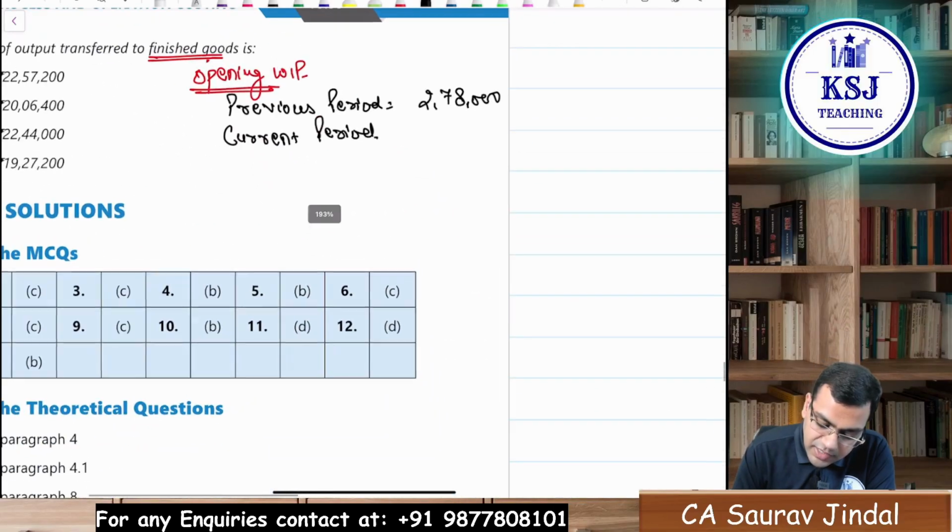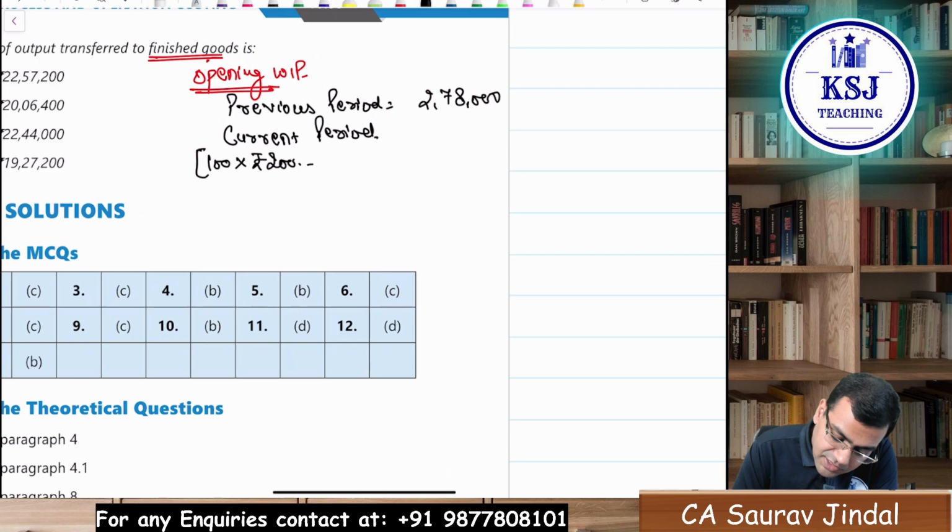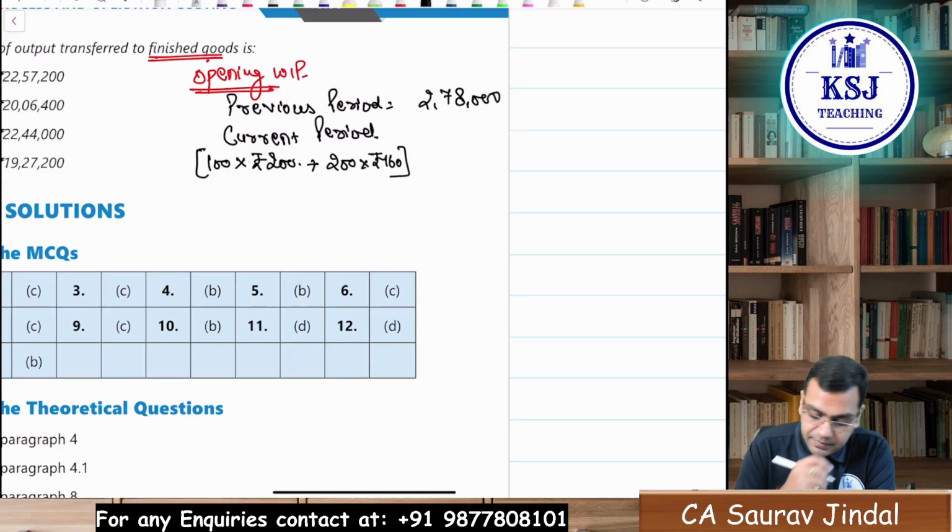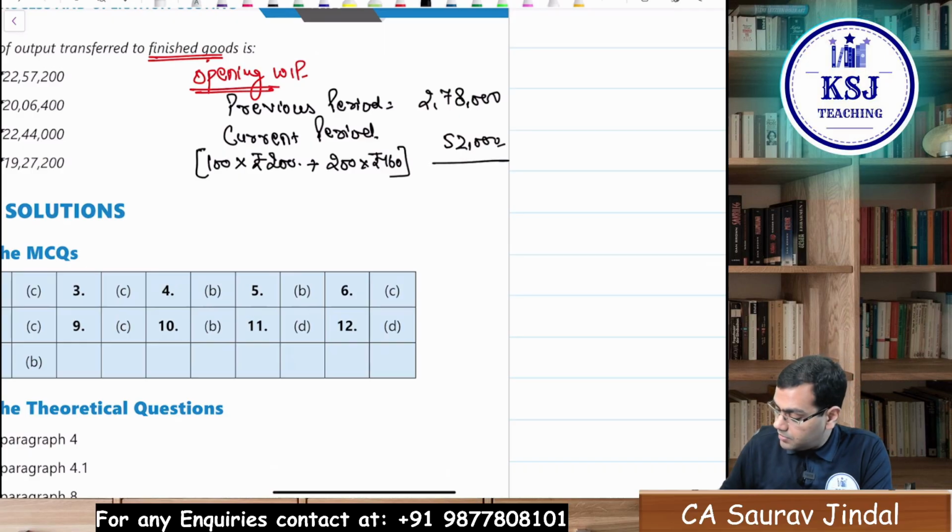So how will you calculate the current period cost? 100 units of labor multiplied by rupees 200, that is the cost per equivalent unit for labor, plus 200 units for overheads multiplied by rupees 160. So this comes to 52,000. So this is the total cost related to opening WIP: 2,78,000 plus 52,000, that is 3,30,000. This is regarding opening WIP.